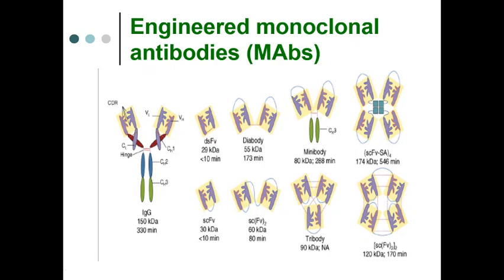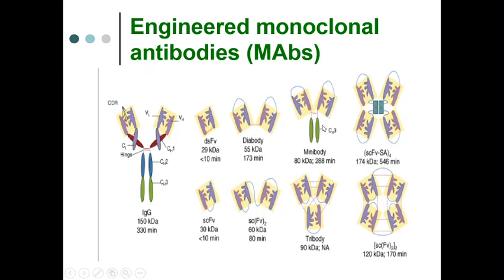Similarly, one can have two fragments of variable regions linked together by a protein chain, and each of those fragments of variable region is held by separate peptides. With a modified molecular weight, it is 55 kilodaltons and has a longer half-life of 173 minutes. And another is called a mini antibody or minibody.